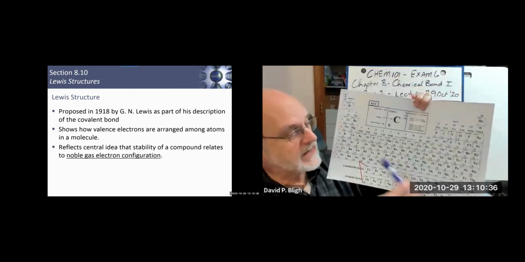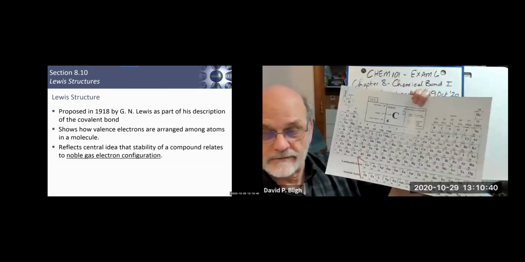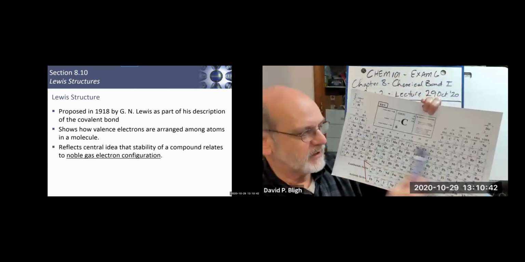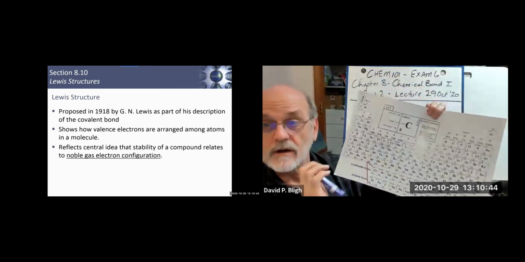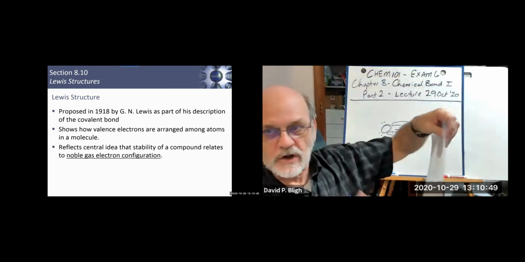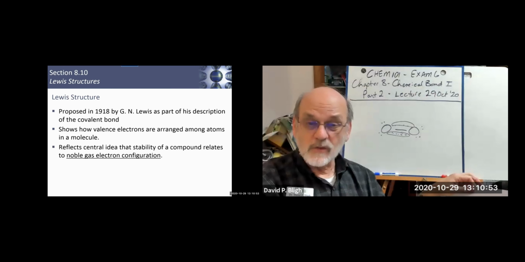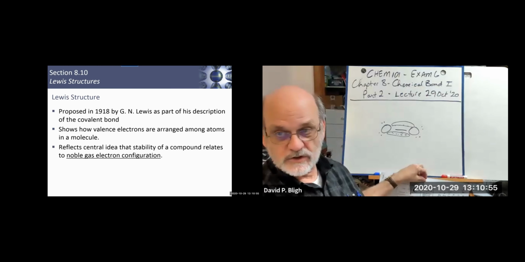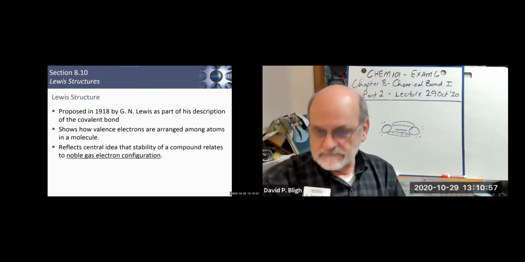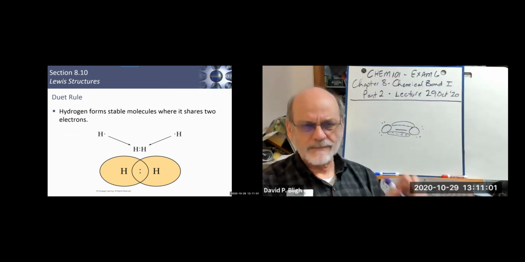Now it works pretty well, like I said yesterday, for the 2nd and the 3rd period. It gets a little muddy down here because you're introducing the effects of the d orbitals. So we'll talk about that. That's one of the things that makes the theory kind of hard to deal with. It's when you get into the d orbitals. But this is where we're starting. All right.